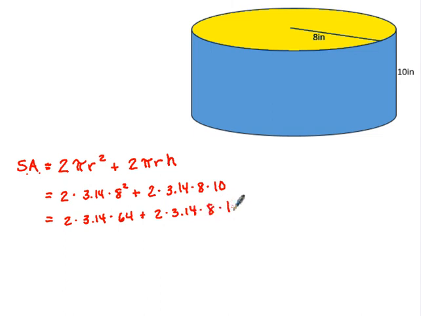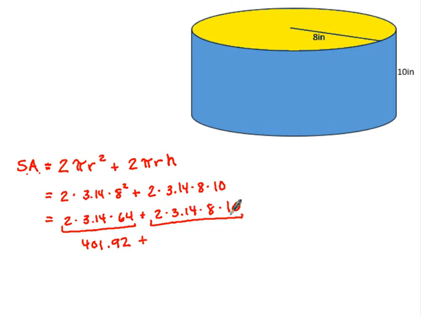The next thing we need to do is simply multiply our group. So we've got a bunch of numbers right here that multiply together and a bunch of numbers right here that get multiplied together. When we get those values, we'll simply add them and have a final outcome. So when we multiply all of these values together, we come up with a value of 401.92.